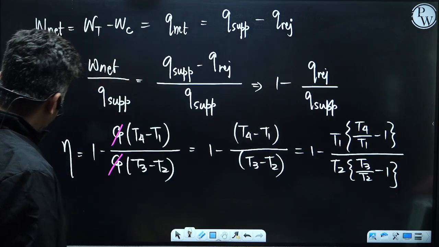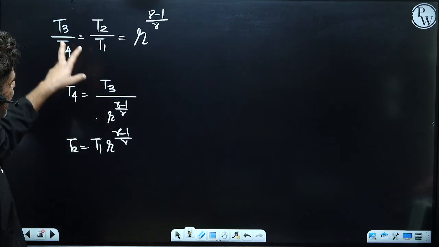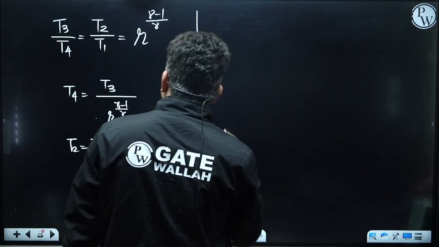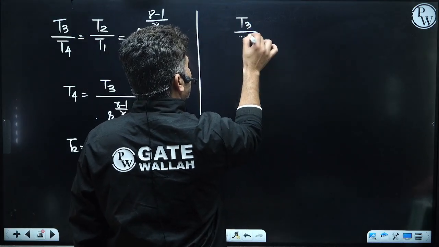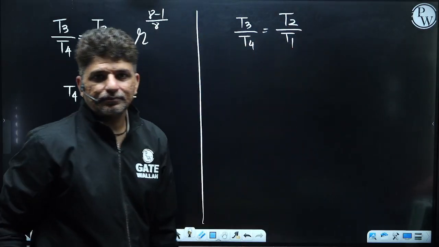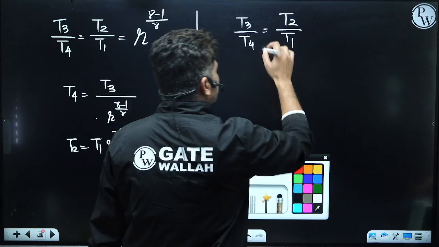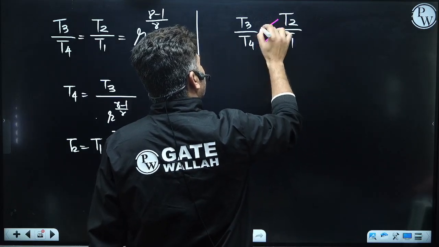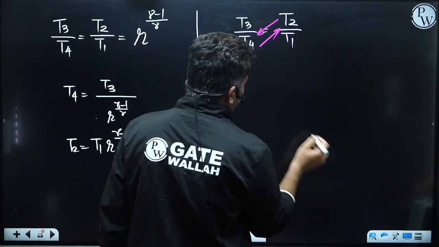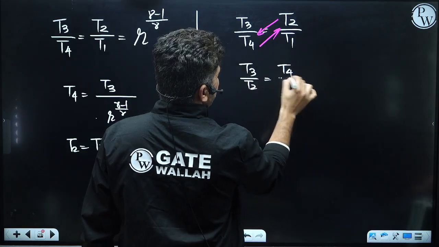Now let's see this relation once again. The last relation which I have shown you over here, T3 by T4 is equal to T2 by T1. Okay, so what happens if I exchange these two terms? I take T4 over here and I bring T2 down over here. Can I write this relation will become T3 by T2 equal to T4 by T1?